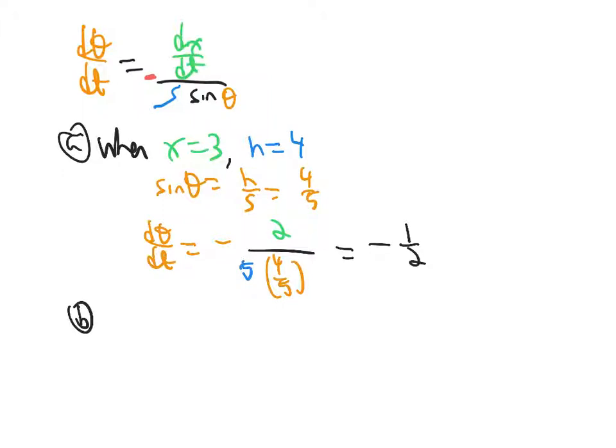In exactly the same way, and of course by conveniently chosen values of x and s, when x equals 4, then h equals 3.